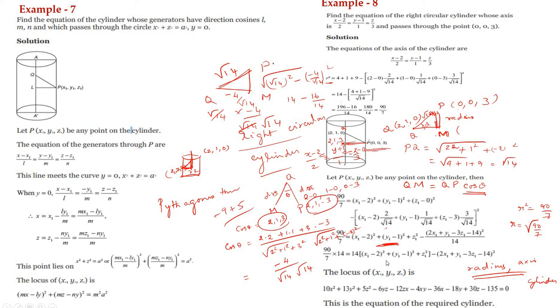This on simplification will give us this. Therefore, the locus of x1, y1, z1 is given by this. So it is the Pythagoras theorem and the cos theta. If you know the drs, then how do we find the cos theta? These two concepts together help us in doing this problem.